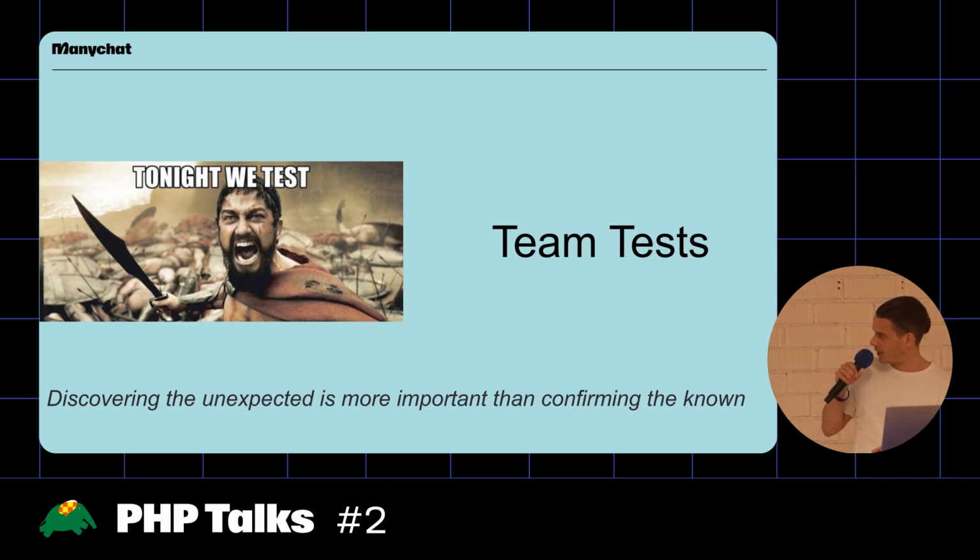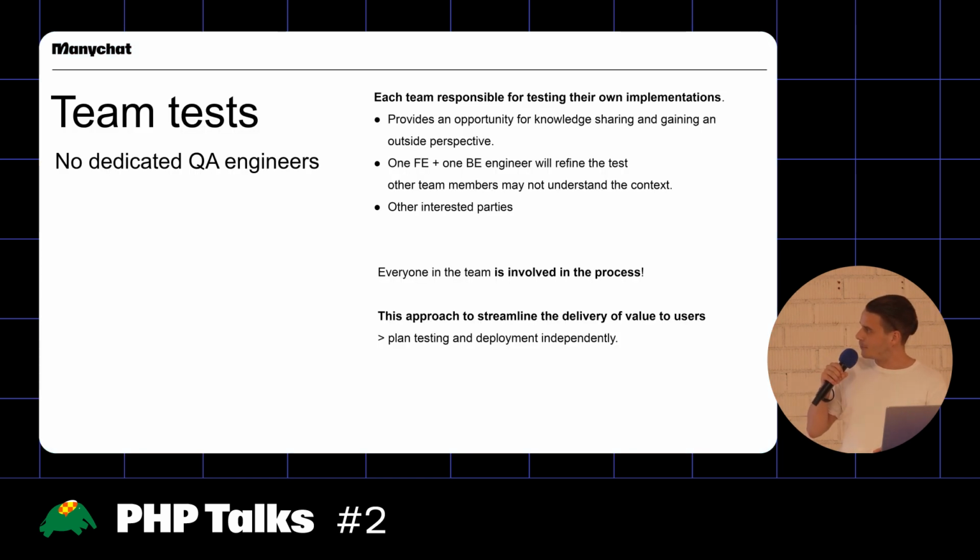And then I come to the part about team testing. So we don't actually look like this guy. I liked it. For the team tests, we don't really have any dedicated QA engineers. So every team needs to test their own stuff, their own implementations. The good part of this is that it gives everybody the opportunity to be in scope. Everybody knows what's being built in the team. There are no blind spots.